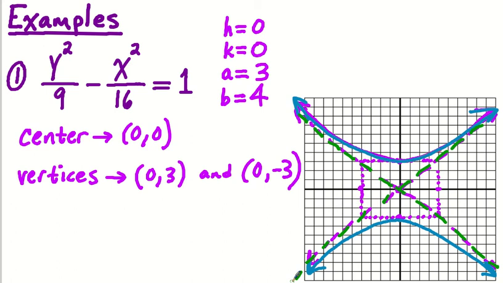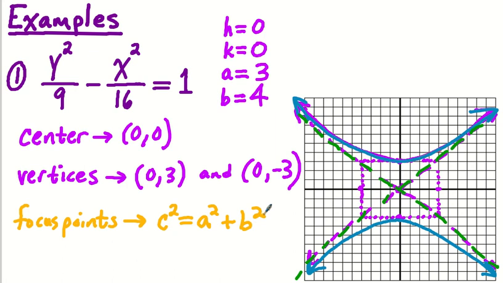What I also might ask you for is the focus points. Remember, you find C, and your focus points are that far away from your center. So my C value, if C squared equals A squared plus B squared, A squared is 9, B squared is 16.